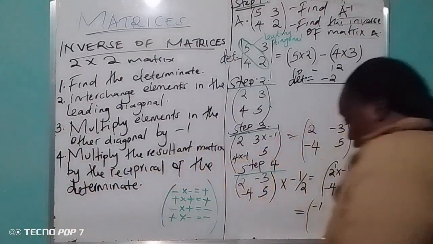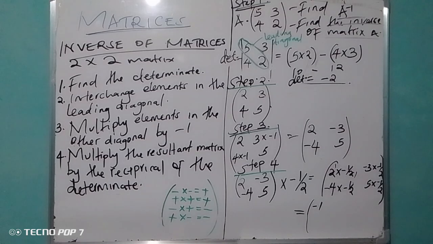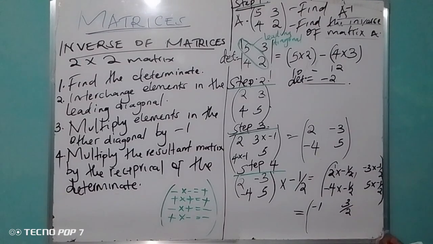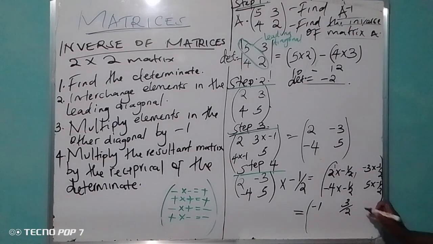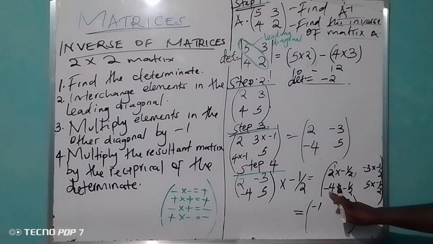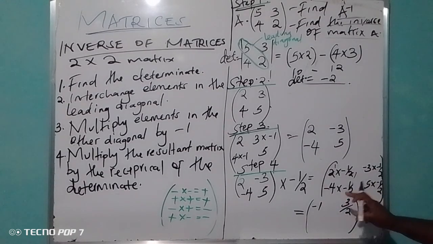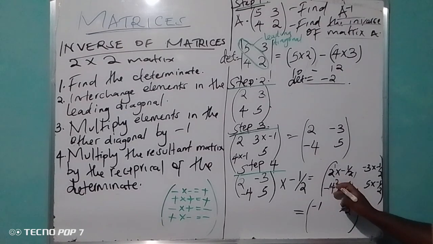So when we say negative 3 times negative a half, itakuwa 3 over 2, sindio? Then negative 4 times negative a half, hapa 1, hapa 2, sindio?